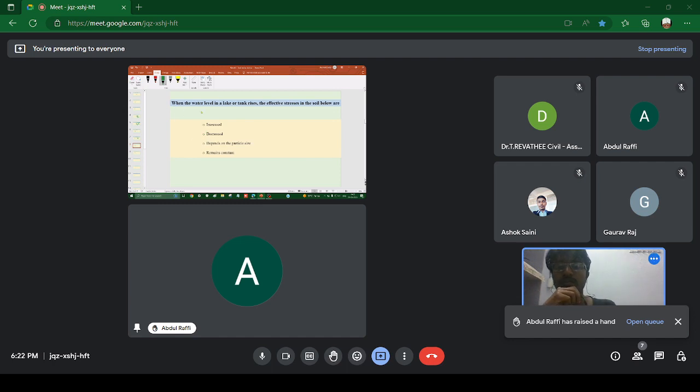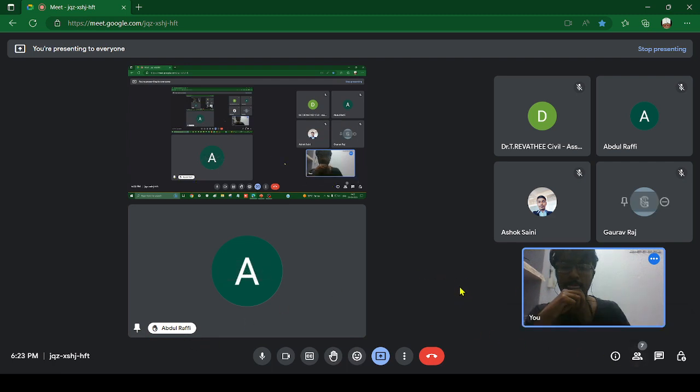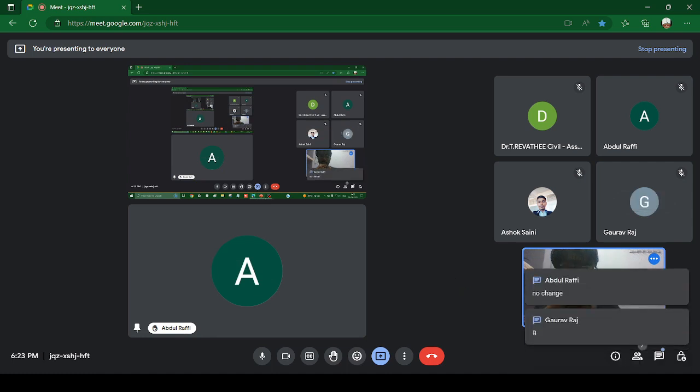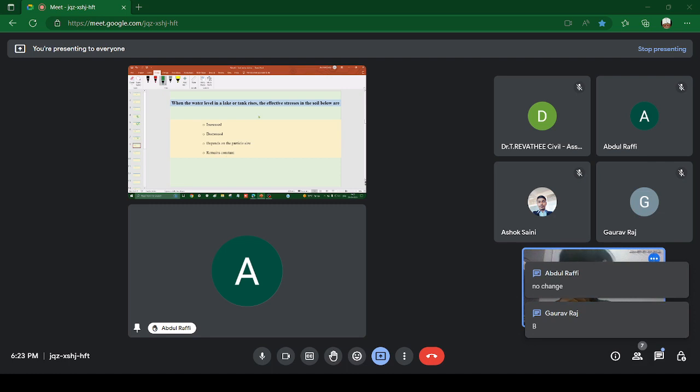The next question is: when the water level in a lake or tank rises, the effective stress in the soil below is? What is the answer? No change. Yes.